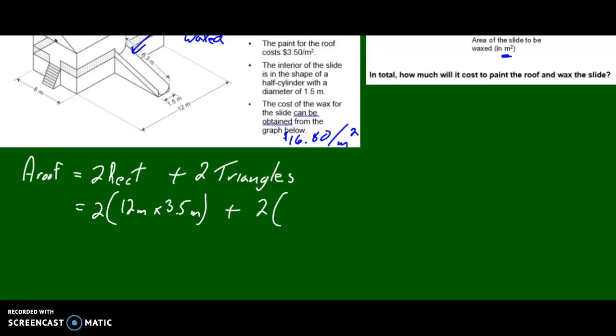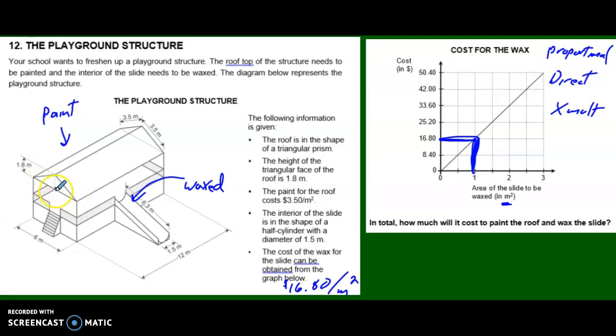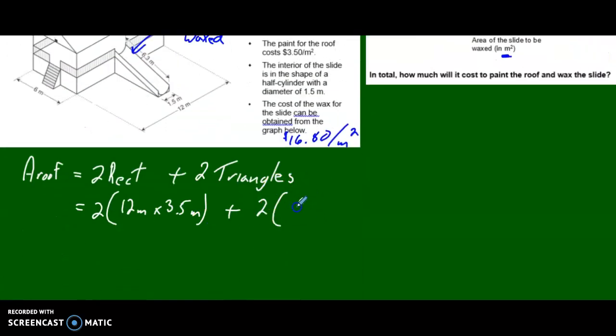Plus the 2 triangles. The area of a triangle is base times height divided by 2. That's 6 meters times 1.8 meters divided by 2, and there's 2 of them. So these 2's will cancel out.